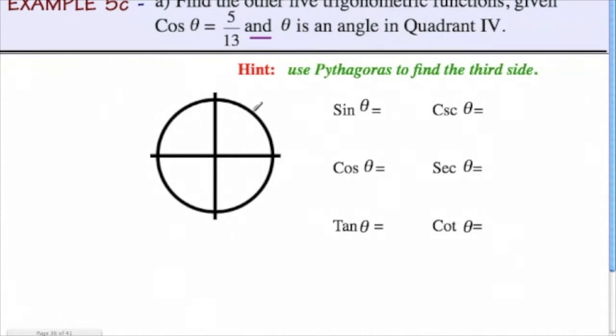I wouldn't put it in 1 and 4, because that's what this would be, but it's going to be in quadrant 4. So I'm just going to show you what I call a double check. This is really important when you're doing these sort of problems.